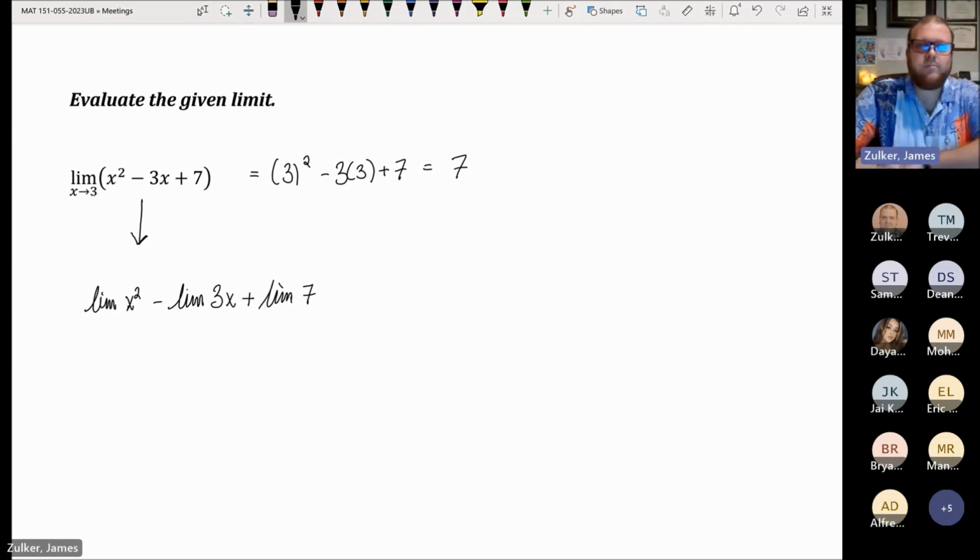Right, so we're allowed to split it. Working left to right, this is the limit of a power, right?